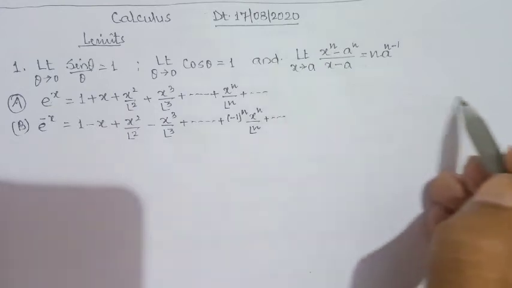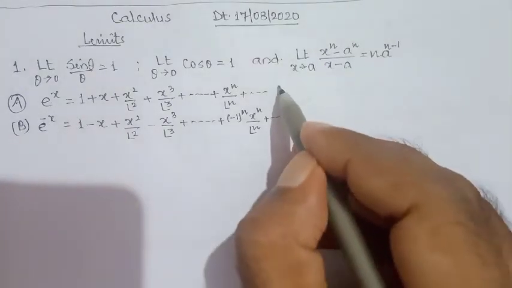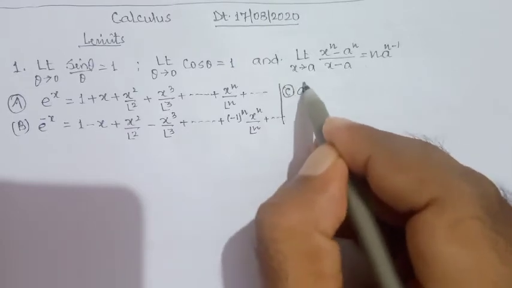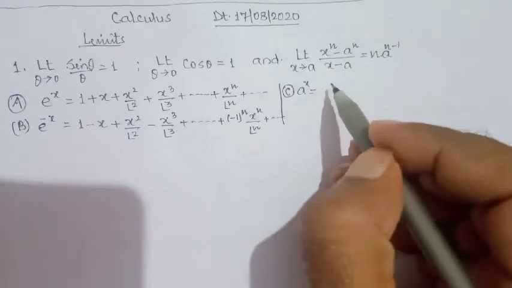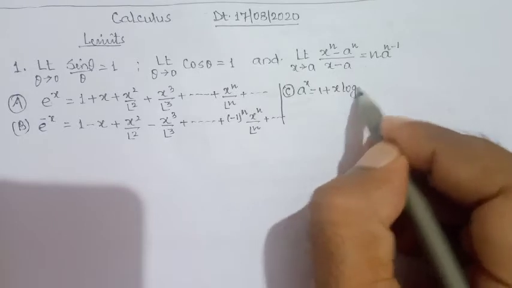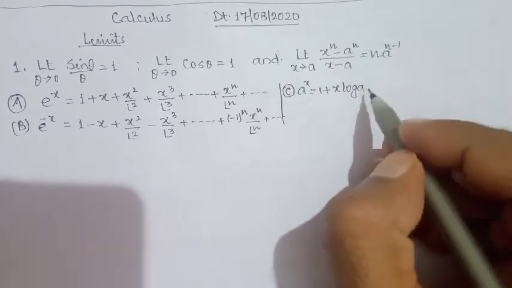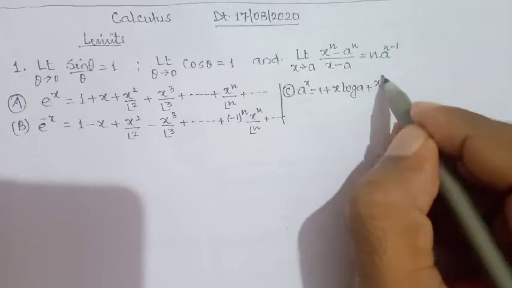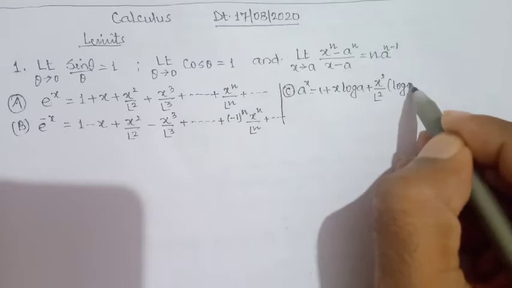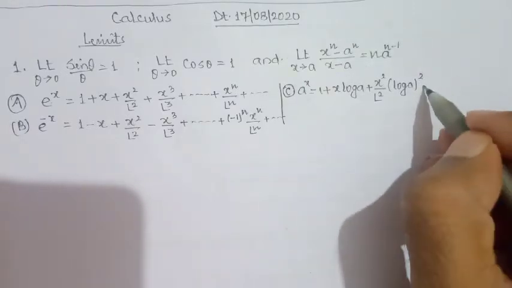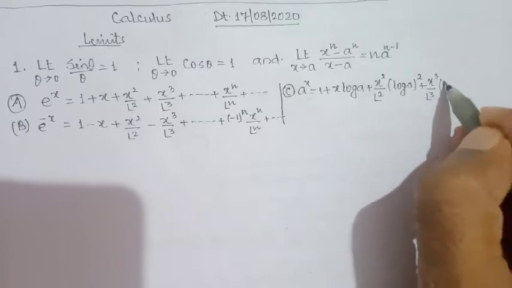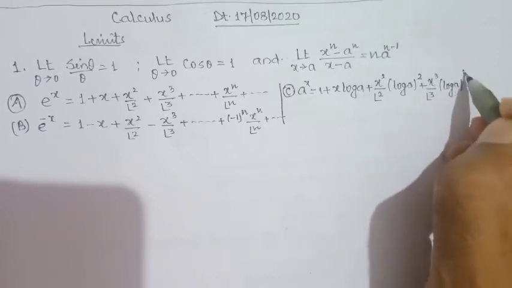Next one is the expansion of a to the power x. a to the power x should be 1 plus x log a plus x square by factorial 2 log a whole square plus x cube by factorial 3 log a whole cube and so on.